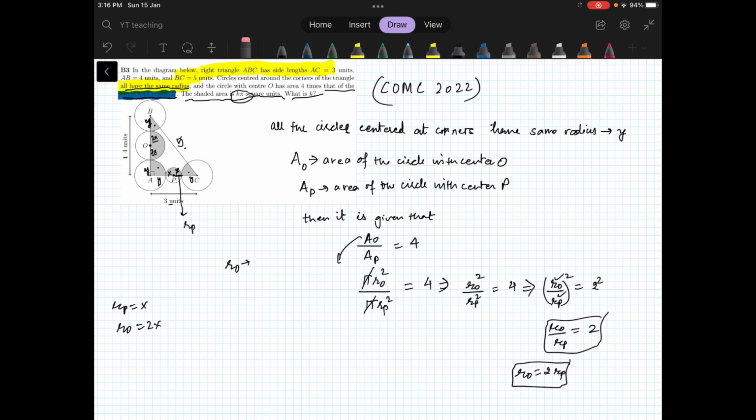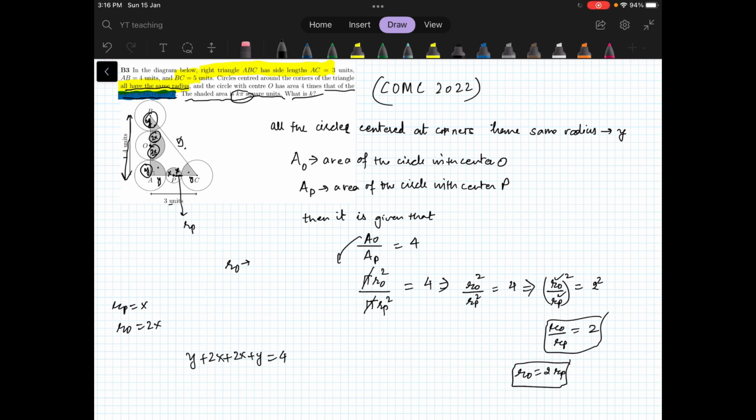So now we somehow have to find the area of the circles. So let us find out x and y. So this length we know is 4 units. So this is y plus 2x plus 2x plus y. So y plus 2x plus 2x plus y is 4 units.